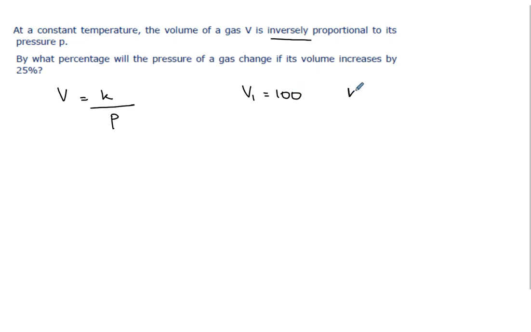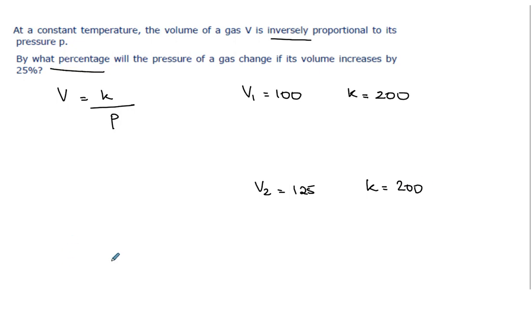And again, I just take a nice friendly number for K, because I can see 200 would be quite a nice one. So over here, and then of course we'll make our next V 125. And K will still be 200, because we're saying by what percentage.